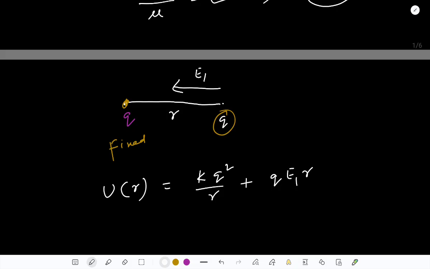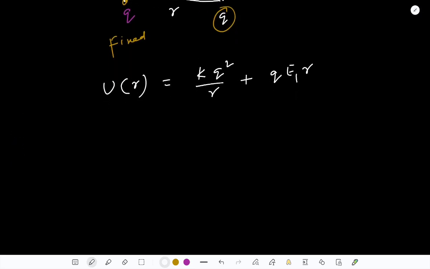As this is charge multiplied by electric potential in a uniform electric field, you can get this electric potential here. So you can write it as qE1 r simply. This is quite simple. This is like mgh, where mg is q E1 and h is r, and qE1 is a constant here, so no problem writing this.